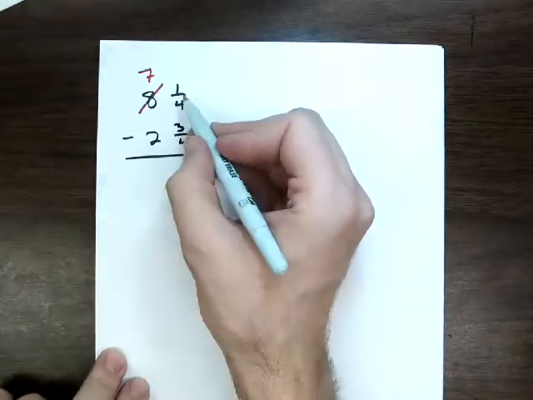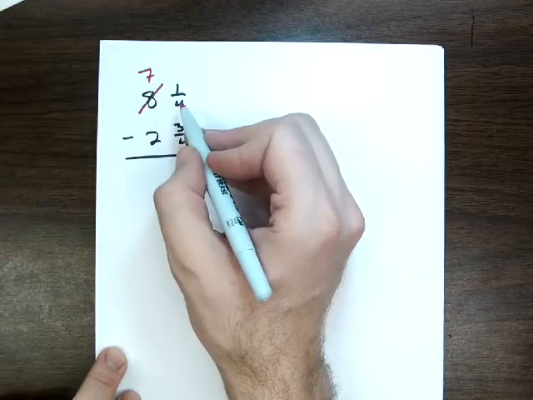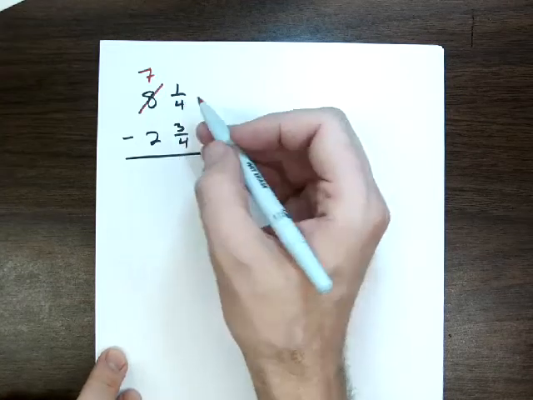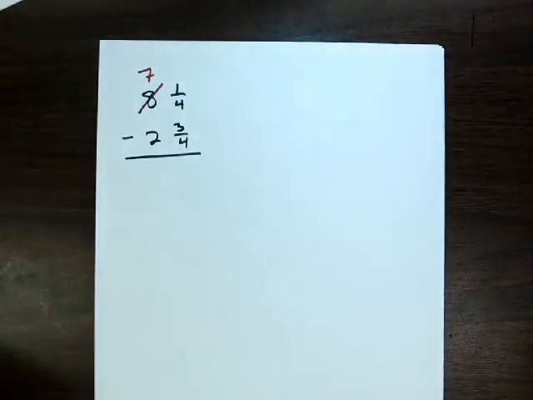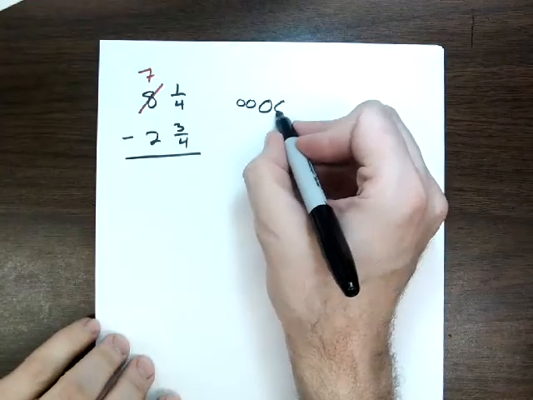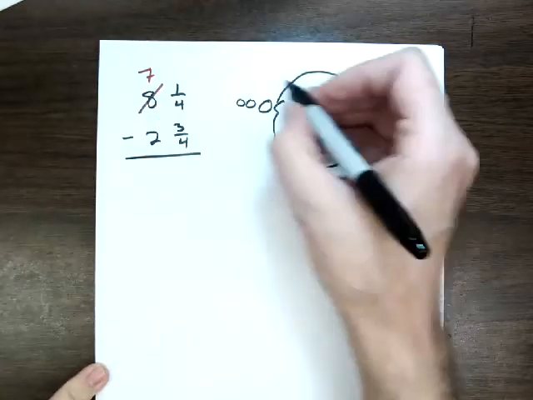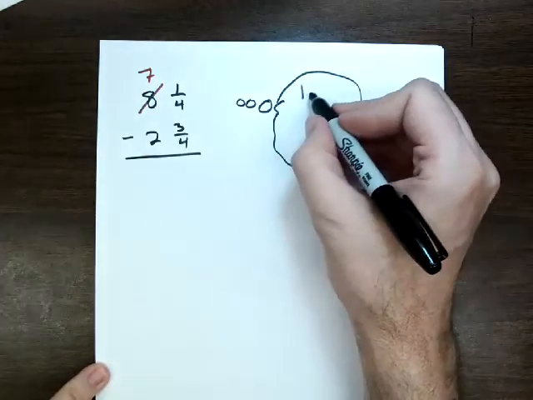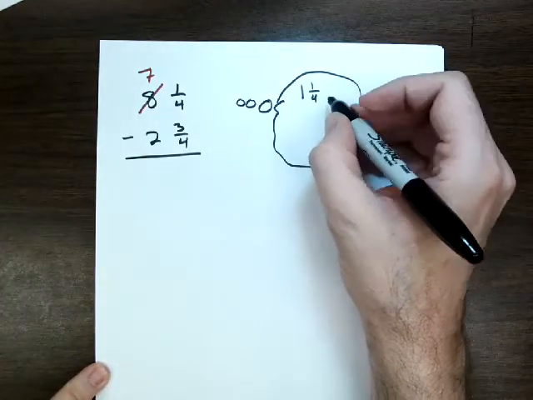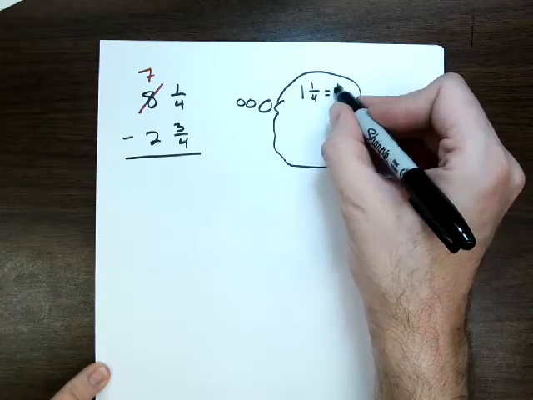Now, what's happening is I've now made this 1 and 1/4. So our thought process is this. When I've borrowed 1 here, I'm adding 1 whole to that 1/4. That's going to be equal to 5/4.